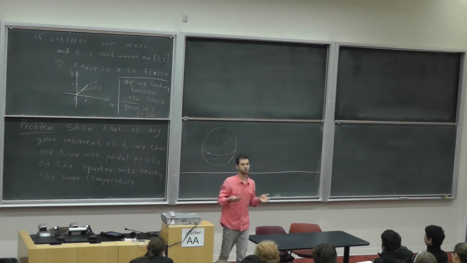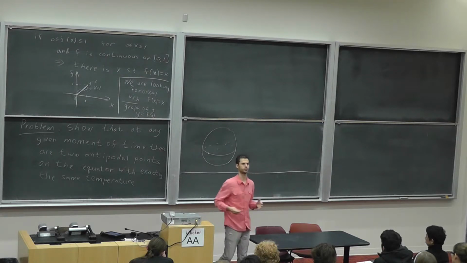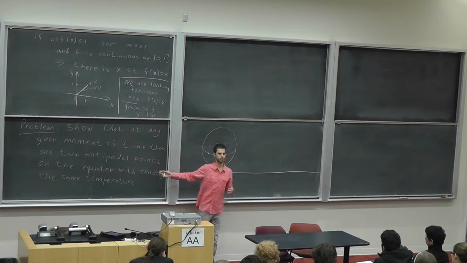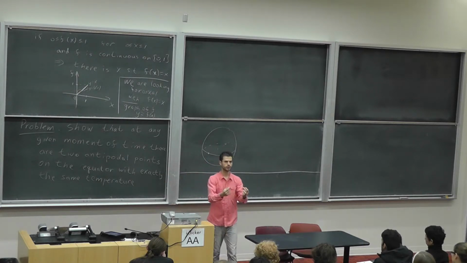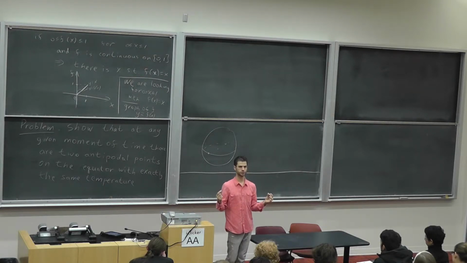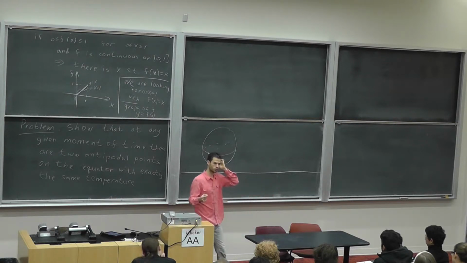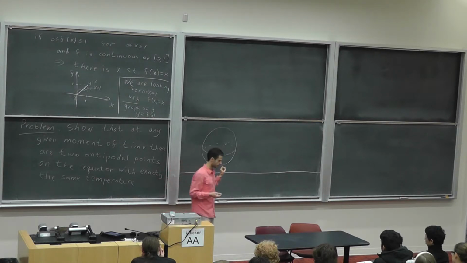Kind of sounds unlikely. And then in my mind I start thinking, maybe I can construct a counterexample to this statement, which would mean maybe I can imagine such a distribution of temperature on the equator so that there are no opposite points with the same temperature. So I try to imagine how it might be possible.